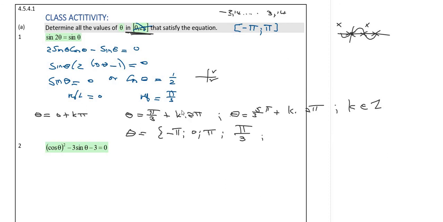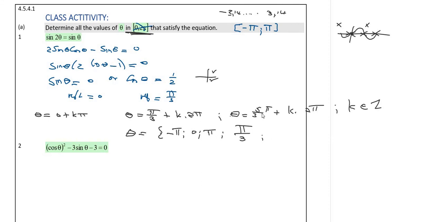So if I take pi over 3 minus 2 pi, I'm getting negative 5 pi over 3, and that is negative 5,2 something. It's out, so that's the only answer there.